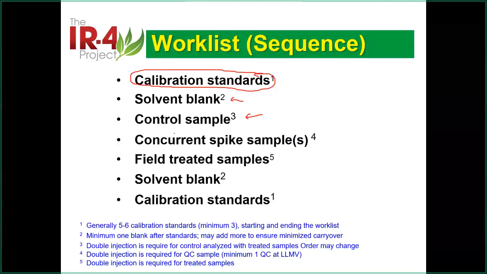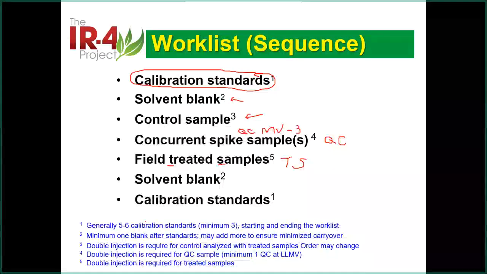The control is there. Then you do the spike, which sometimes we call QC. Sometimes it's the method validation. So at least 1. If it is method validation, it should be in triplicate. It must be 3 samples here. Then you will have all the treated samples. We say TS for treated sample, and we call that a QC.